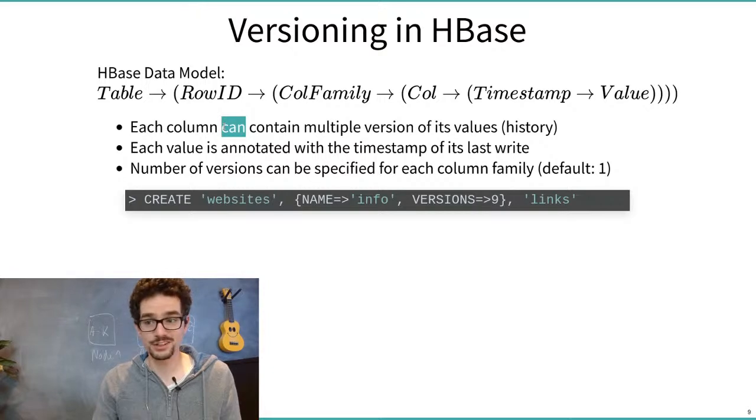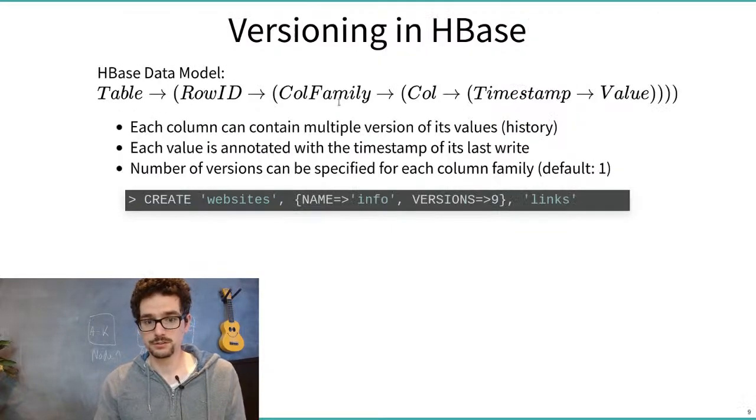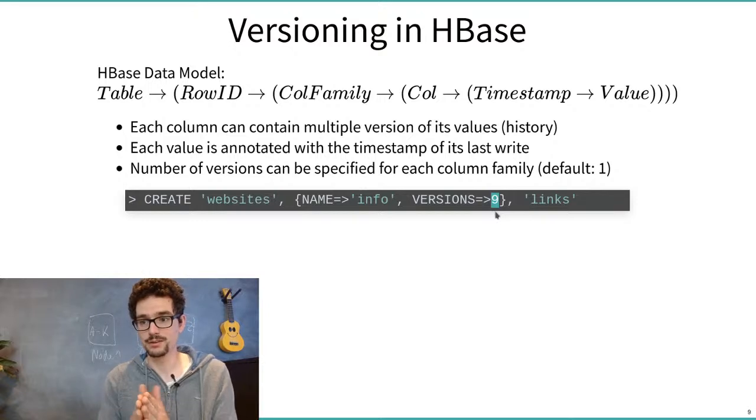By default, versioning is not activated. Here, see how to activate it. We create a column family info, not simply by saying info, no, by saying the name should be info and the maximum number of versions should be 9. So we specify the maximum number of versions. So when we store 9 historical values and we change it again, then the oldest information is discarded.